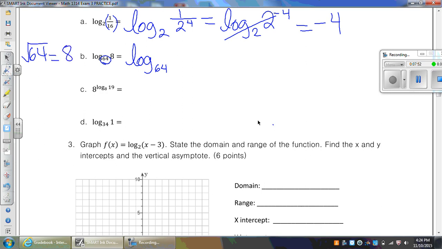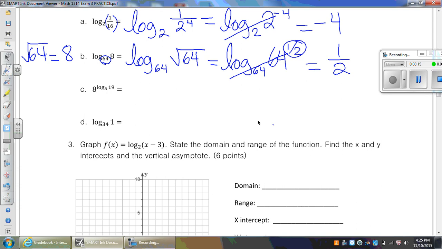So I will say the square root of 64 instead of the number 8. Now, from here, I'm going to turn that square root into an exponent. So that will be 64 to the power 1/2. And then I could apply that rule that says if the argument and the base match, then they cancel out, and the answer becomes the exponent. So that will be 1/2.